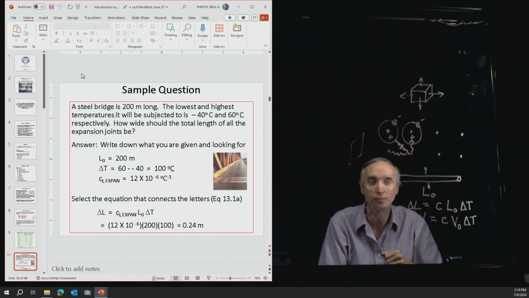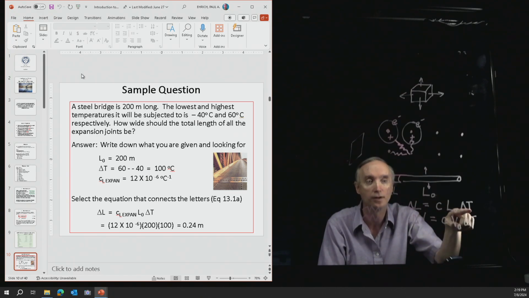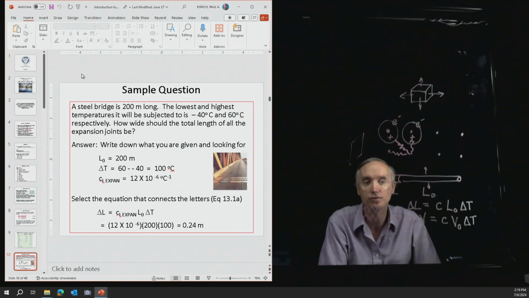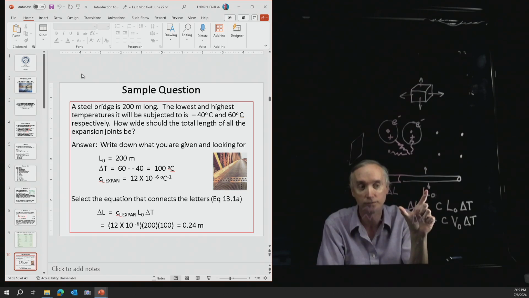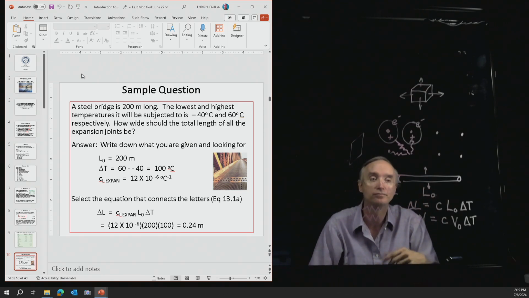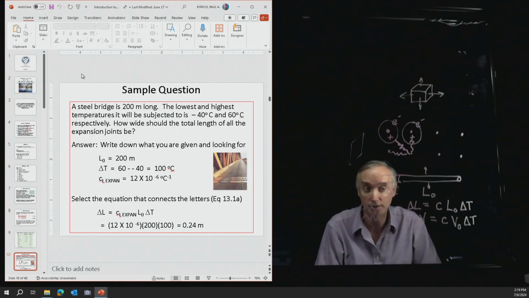Okay, then we're going to put it into this formula here and calculate the change in length of the steel, and you see it turns out to be about 0.24 meters, which is about this much. Normally a bridge would have, let's say, 5 of those expansion joints.